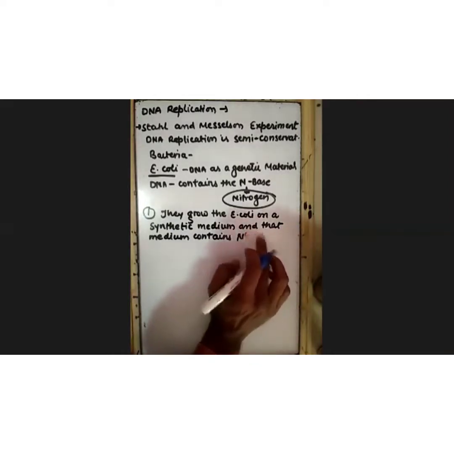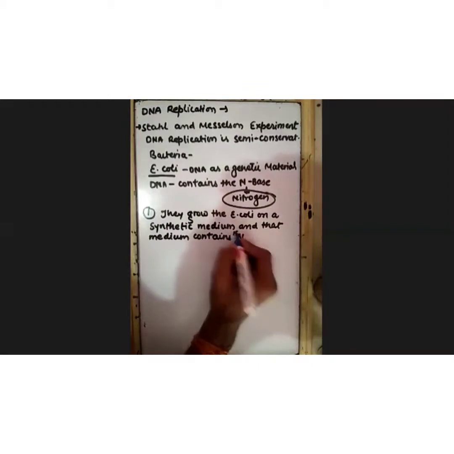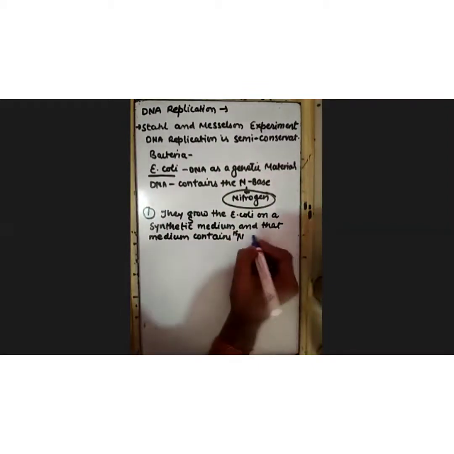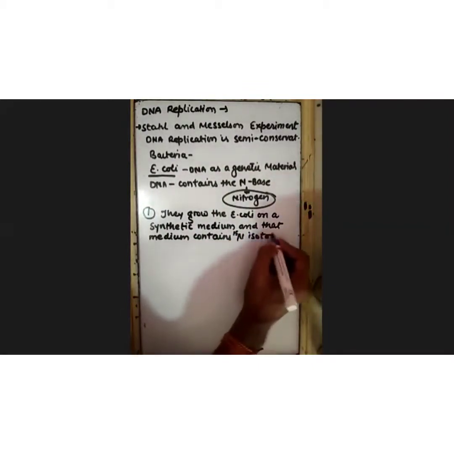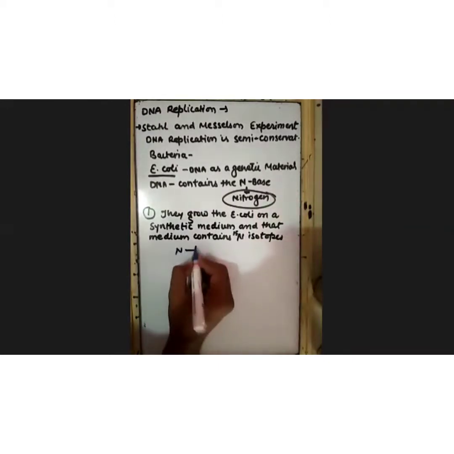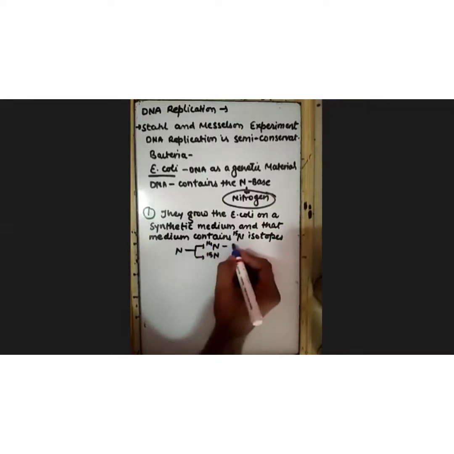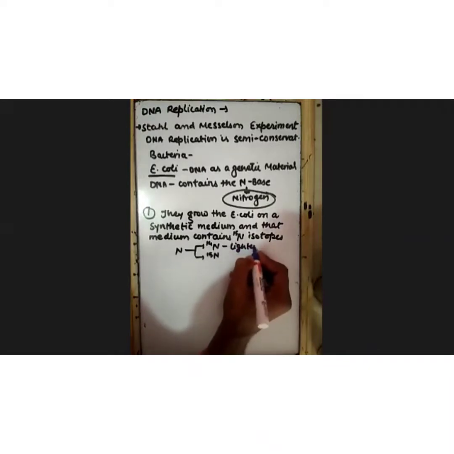As you know, nitrogen has two isotopes. One is N14, the second one is N15. N14 is the lighter one, and N15 is the heavier isotope.